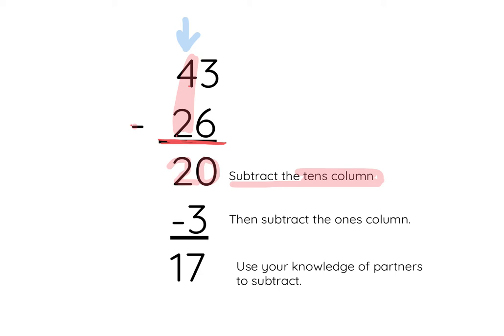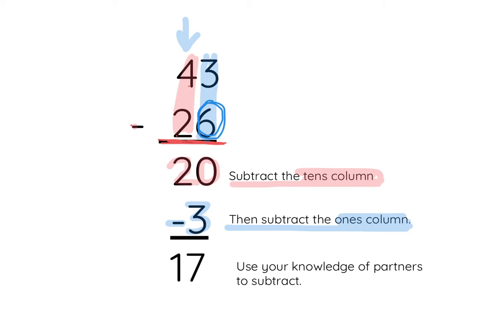Now we're going to do the ones column. So we will take 3 minus 6. Now notice that the 6 is larger than the 3. So just like we've been practicing, that's going to be a negative 3. And that is the value of the ones column.